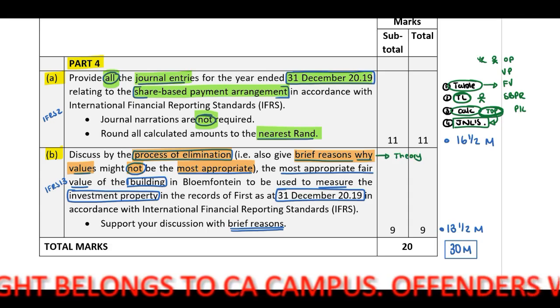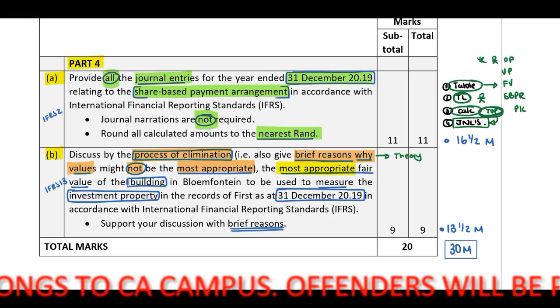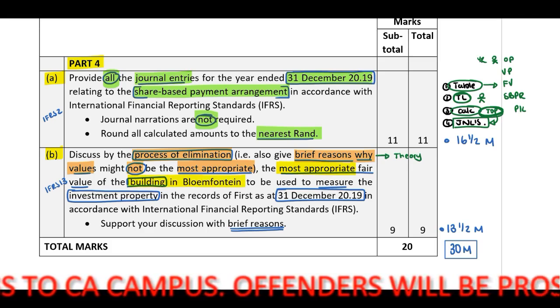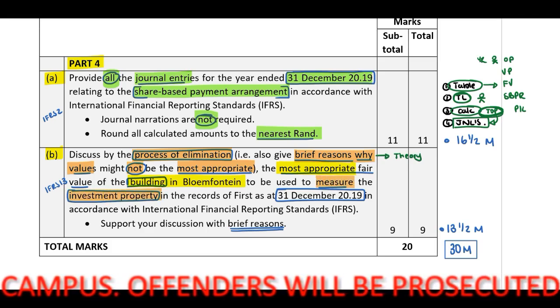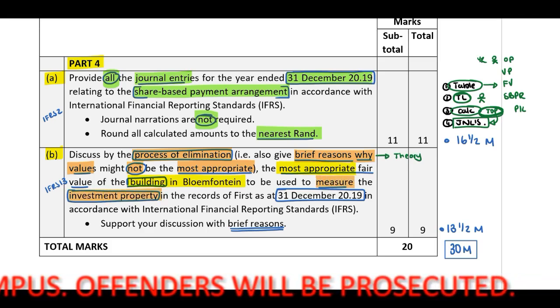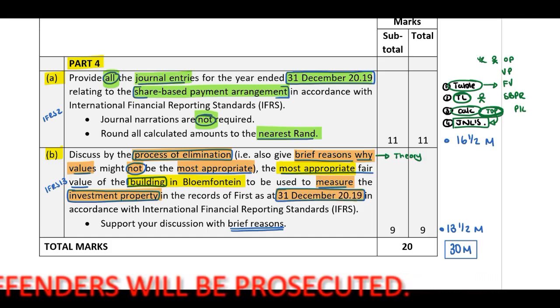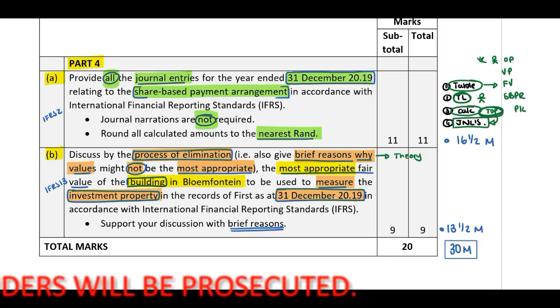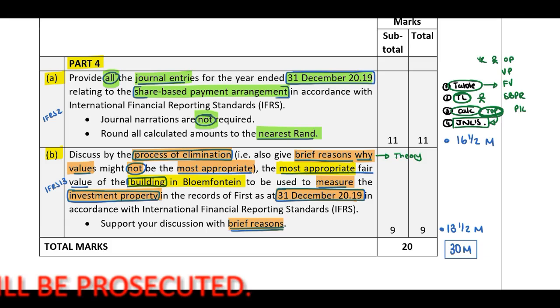And they indicate to us the most appropriate fair value of the building in Bloemfontein to be used to measure the investment property in the records of First as at 31 December 2019 in accordance with IFRS, and support your discussion with brief reasons, a little bit of theory.